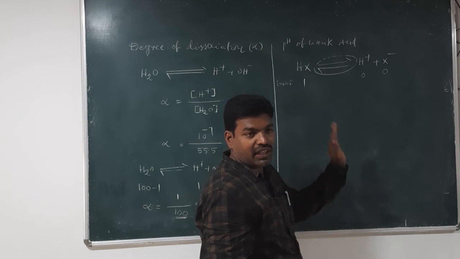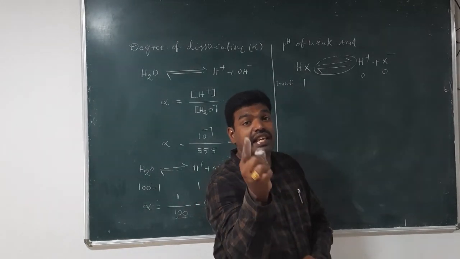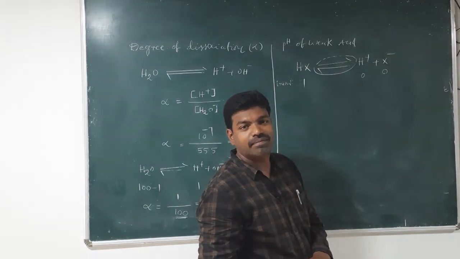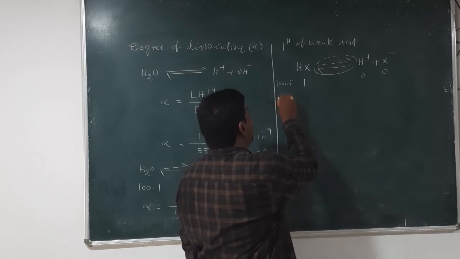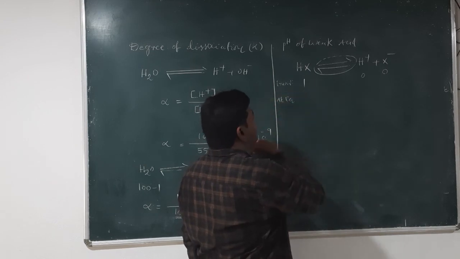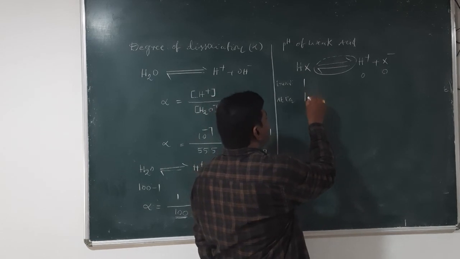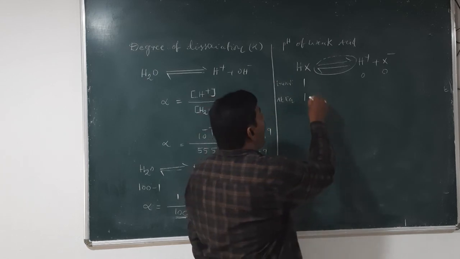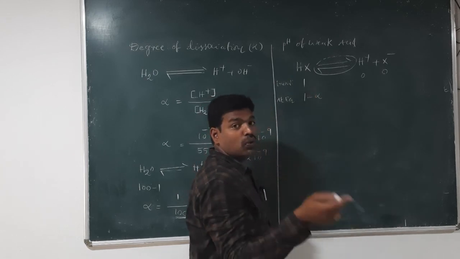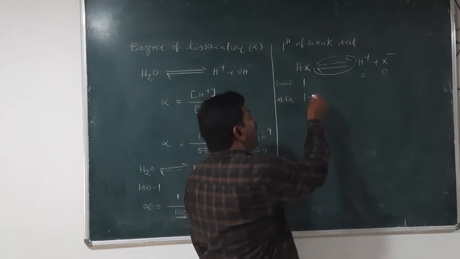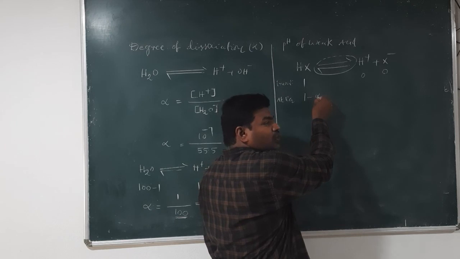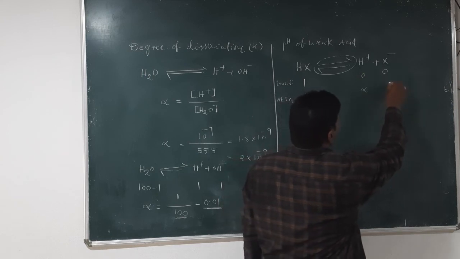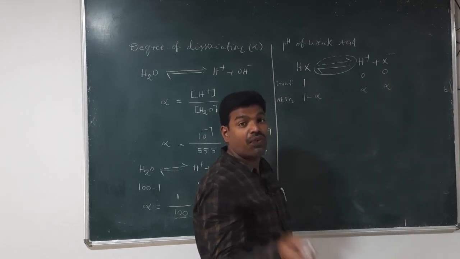After dissociation starts, an equilibrium is established between the dissociated species and the undissociated acid. At equilibrium, for example, out of 1 mole of acid, alpha amount of acid undergoes dissociation. So alpha amount of H plus ion and alpha amount of X minus ion are formed.